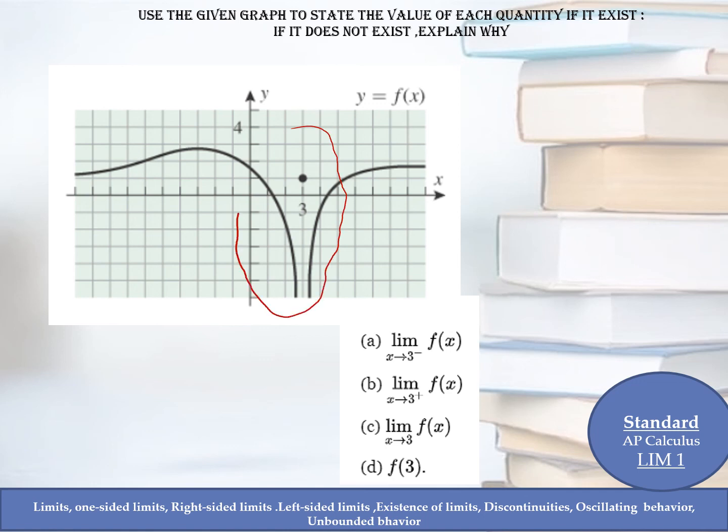When there is a line coming from the left side towards the 3, it is going down and down and down. You can see unbounded behavior. So you will say it is equal to -infinity. Similarly, the line coming from the right hand side is also going down and down because of the vertical asymptote. It is also -infinity.